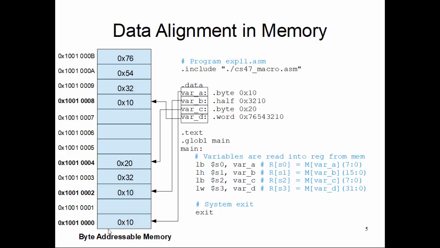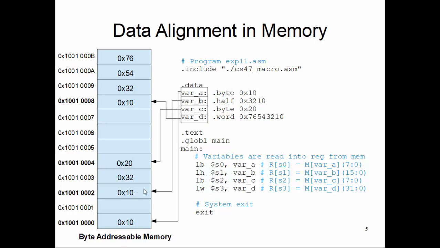My next available address is 1001.0001, right? Now at this point, I'm requesting the assembler to make a half word. But a half word, remember by rule, cannot be placed starting from an odd address. So we must move to the next available even address, which is 1001.0002, and it will span 2 bytes.